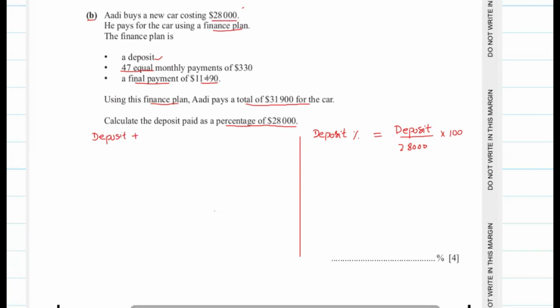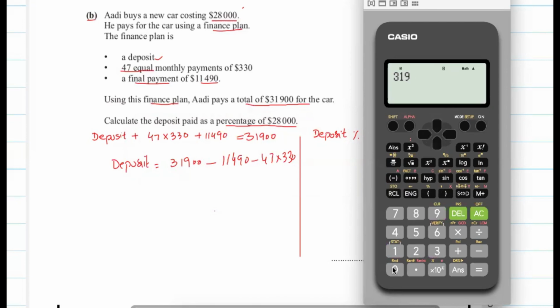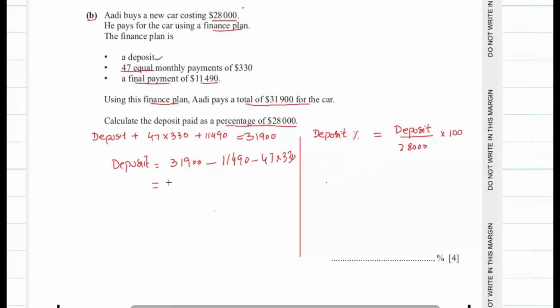Therefore, total monthly payment will be 47 multiplied by 330, and the final payment here is 11,490, and when we add all these values, the total will be equal to 31,900, and therefore the deposit will be equal to 31,900 minus 11,490 minus 47 multiplied by 330, and this value will be equal to 4,900. Deposit value here is 4,900.